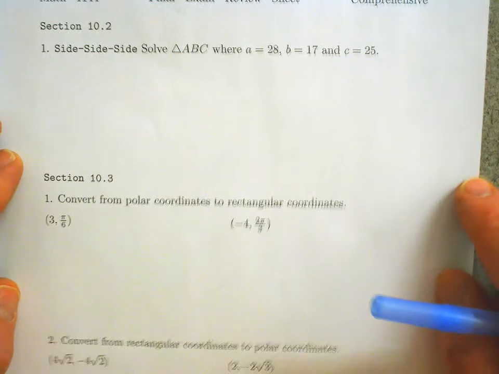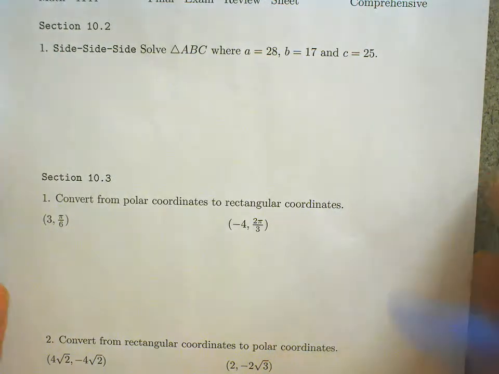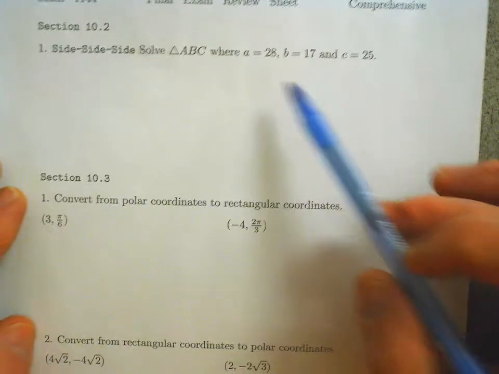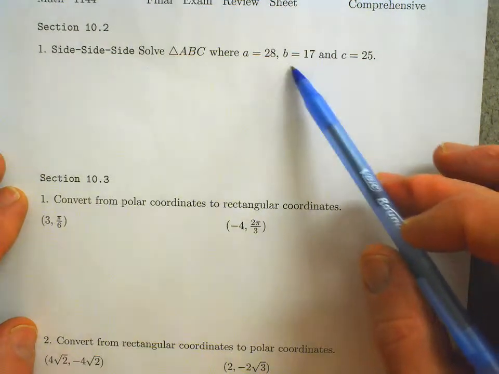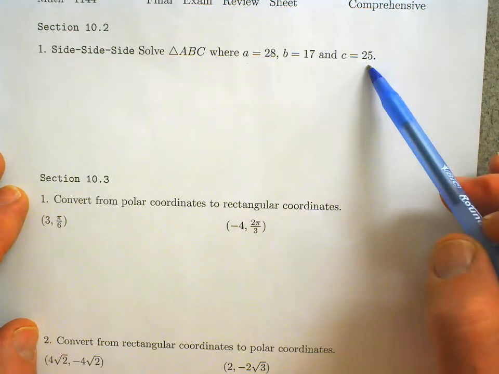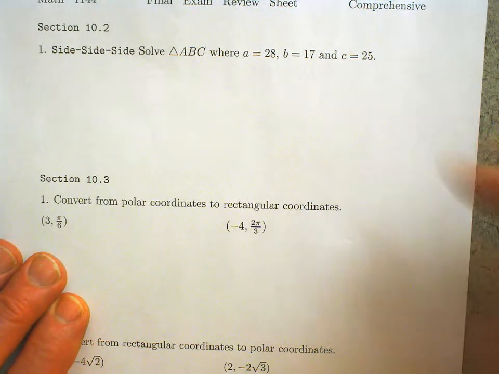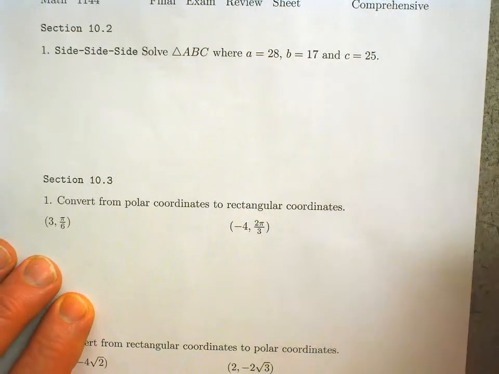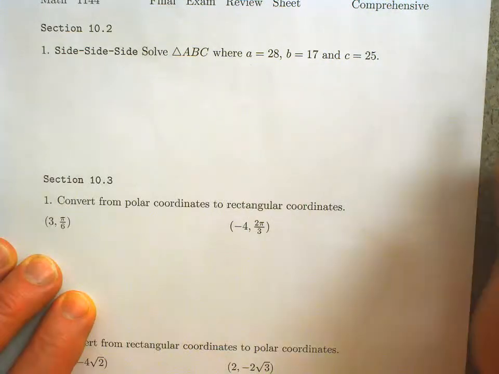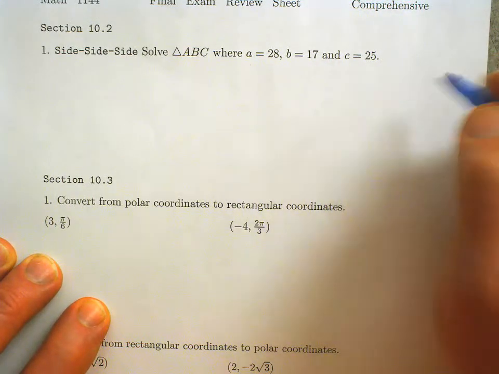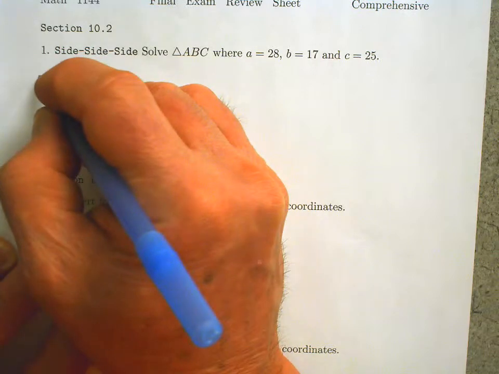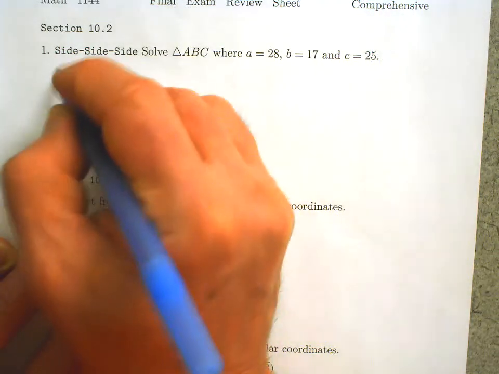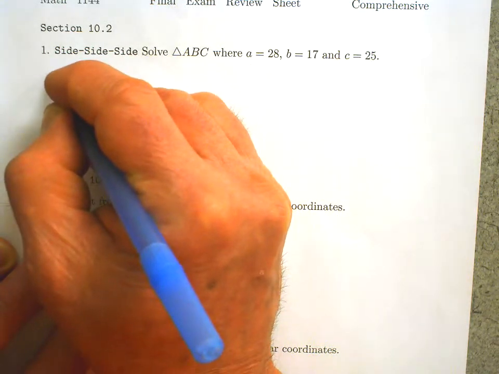Okay, solve triangle ABC if the three sides are given. A is 28, B is 17, and C is 25. So if we start by trying to find angle A, then we'll use this part of the law of cosines.